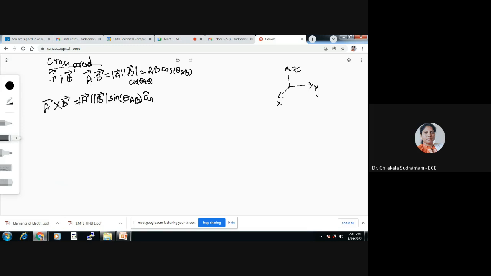The unit vector of the x direction is AX, the unit vector of the y direction is AY, and the unit vector of the z direction is given by AZ. So instead of representing it this way, I am going to represent AX, AY, AZ simply as AX cap, AY cap and AZ cap.